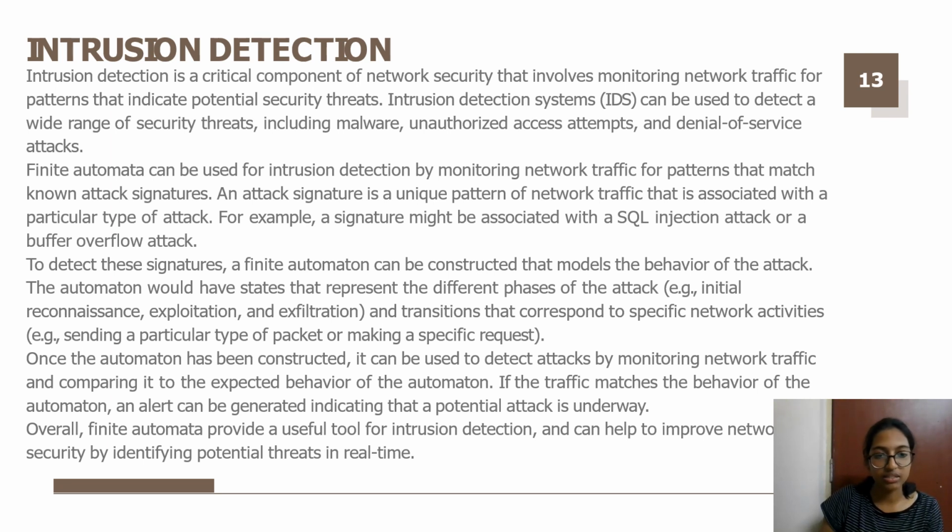To detect these signatures, a finite automaton can be constructed that models the behavior of the attack. The automaton would have states that represent the different phases of the attack, for example, initial exploitation and exfiltration, and transitions that correspond to specific network activities, for example, sending a particular type of packet or making a specific request.